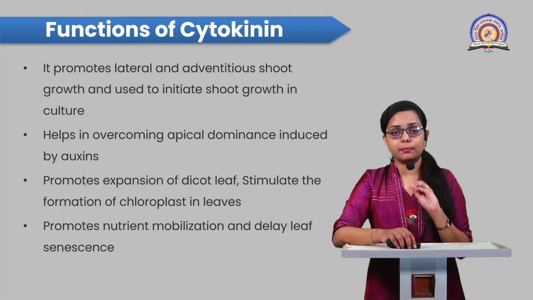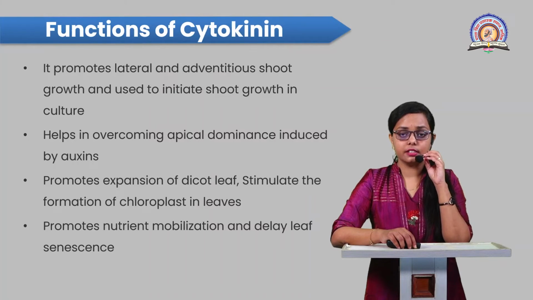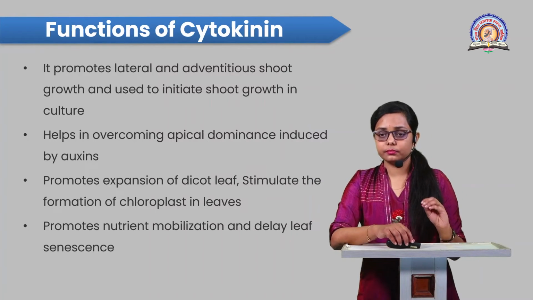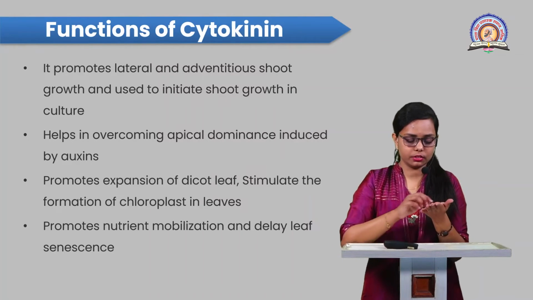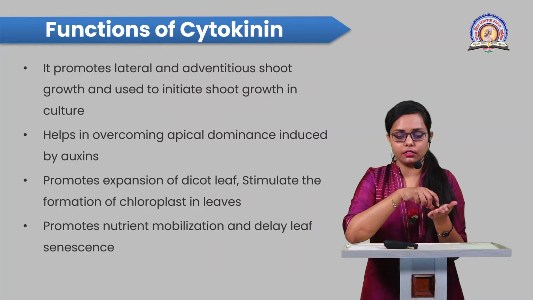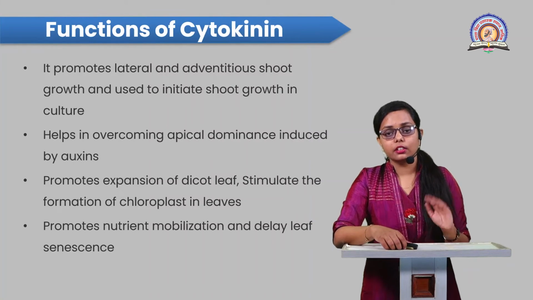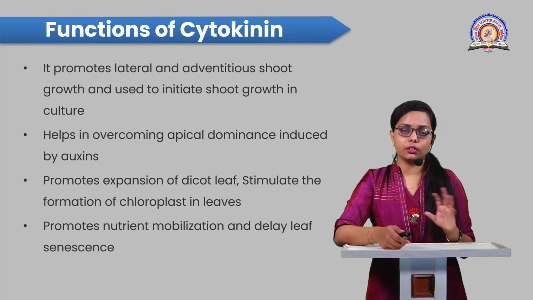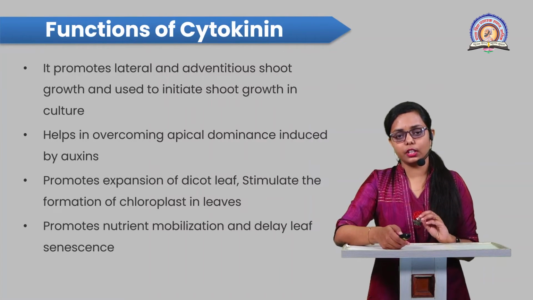Why so? Because cytokinin delays the senescence, and this is called a green island or island of the cytokinin, which remains green even after other parts of the leaf have become yellow.